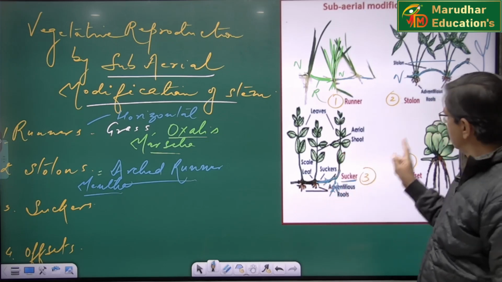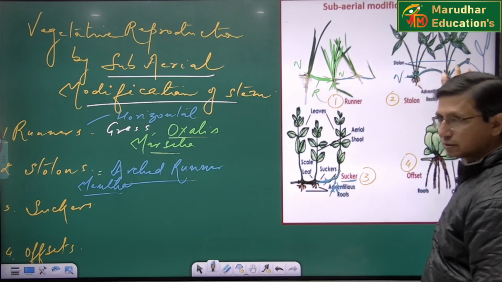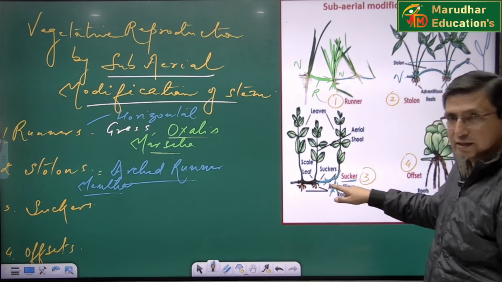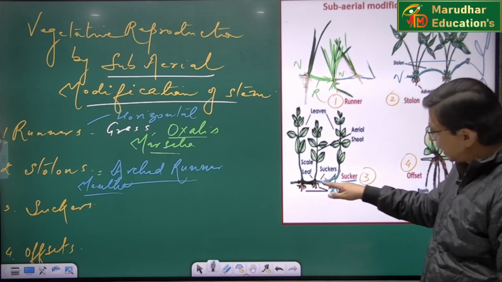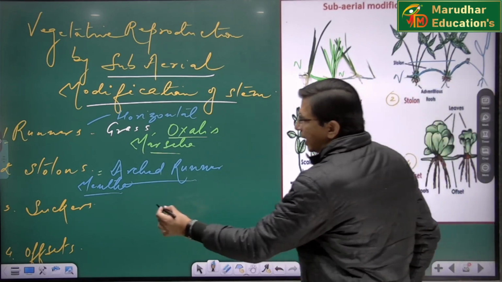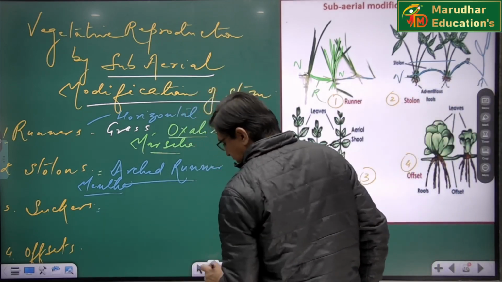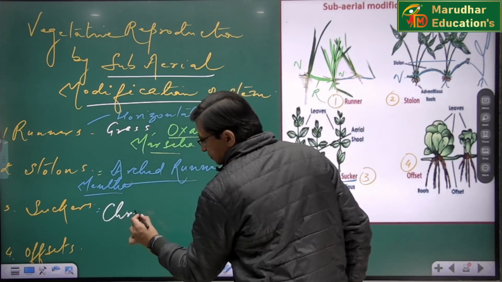So it is different from stolon. Stolon is an arced runner, but a sucker grows horizontally first and then comes out and grows above. An example for suckers is chrysanthemum.